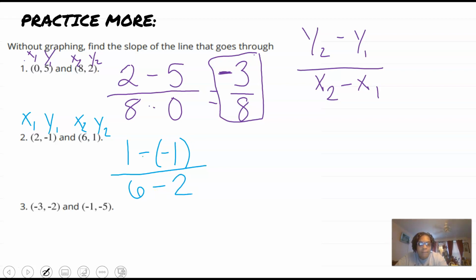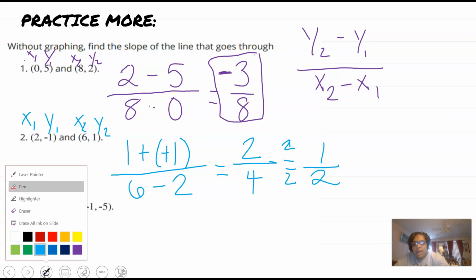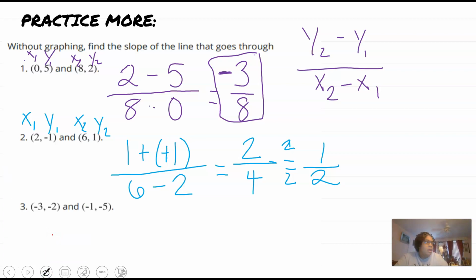So 1 minus negative 1, when the 2 signs are next to each other, you become plus. So 1 plus 1 is 2. And 6 minus 2 is 4. Our slope is actually 1/2. Okay?